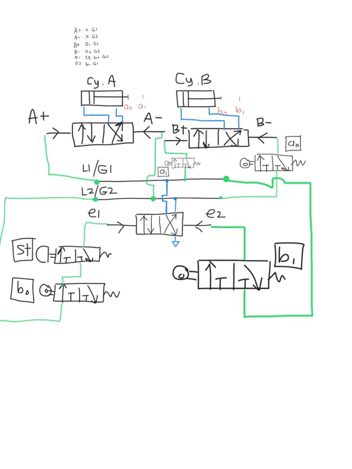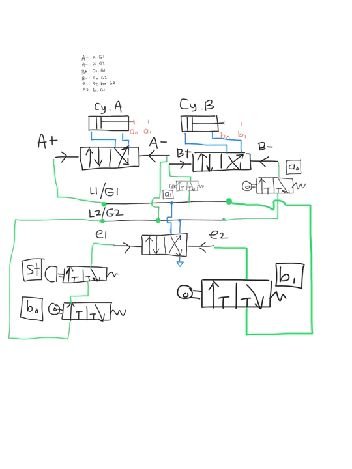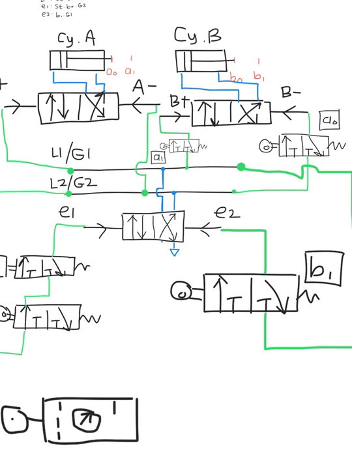The last part is to connect our air supply. Don't forget to put the air supply and the FRL unit. This stands for filter, regulator, and lubricator, and it will be connected to the link.